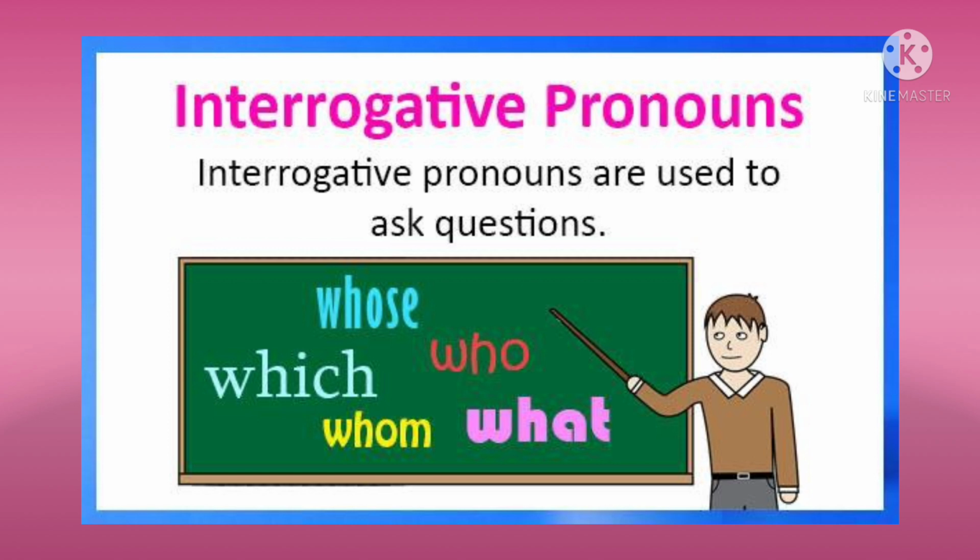Clear? Who, whom, which, whose, and what. When a question begins with these kinds of words, they are called interrogative pronouns. Why? Because they are used in place of the nouns which the question is about.